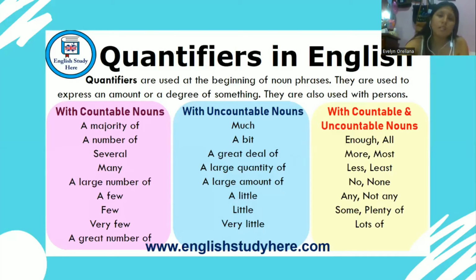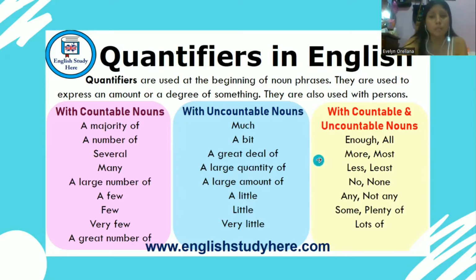We use them with countable nouns: a majority of, a number of, several, many, a large number of, a few, a great number of. With uncountable nouns: much, a bit, a large amount of, a little, a large quantity of.